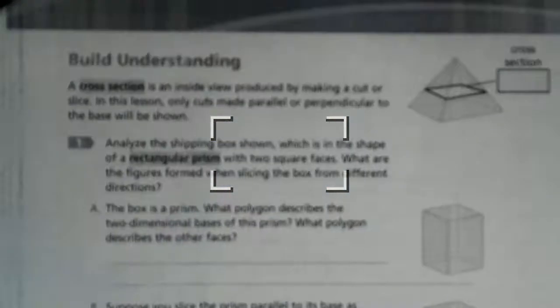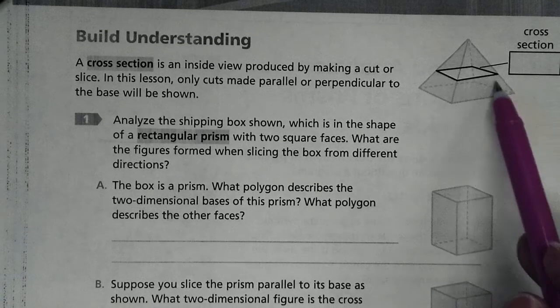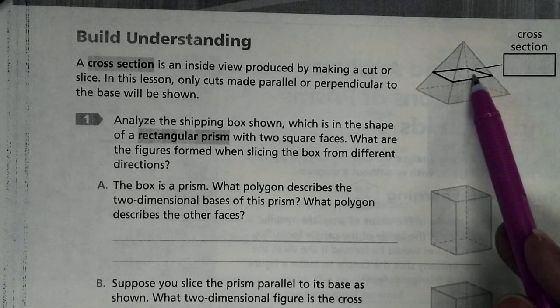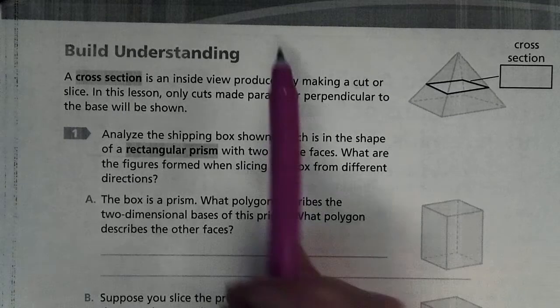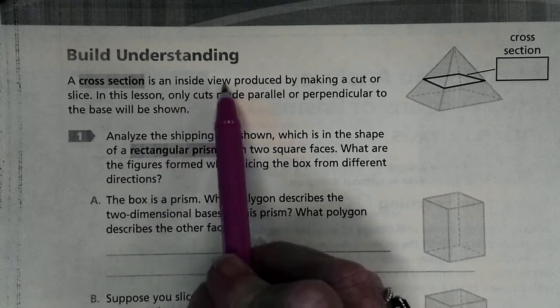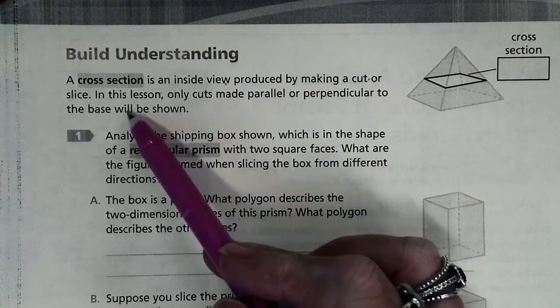All right, so I think that this lesson is very easy. Unlike the first horizontal and vertical cuts we did, which didn't show you pictures of what it looked like, on this one they do. A cross section is the inside view produced by making a cut or a slice.